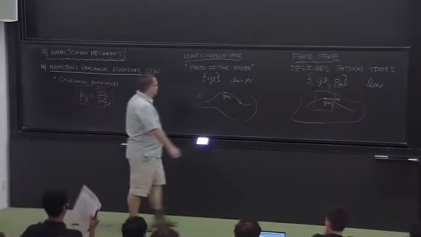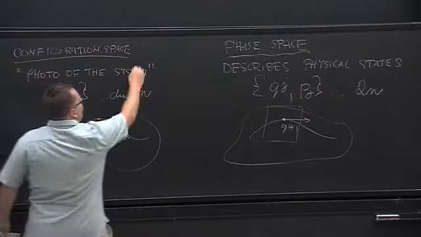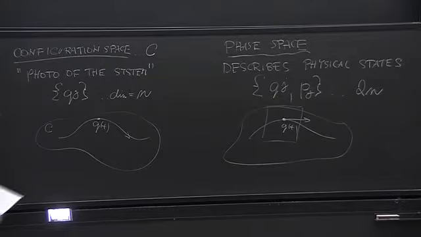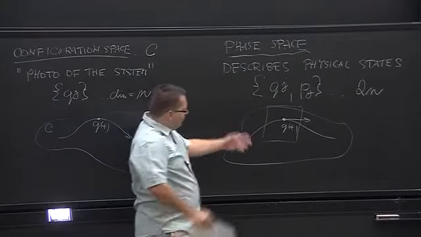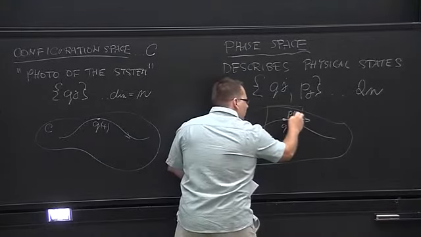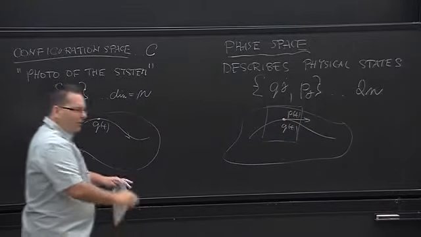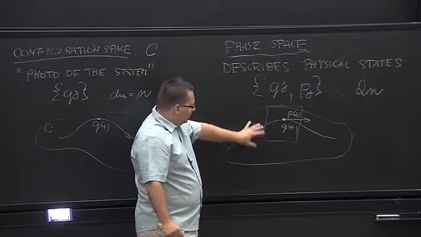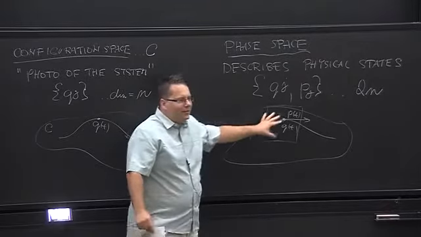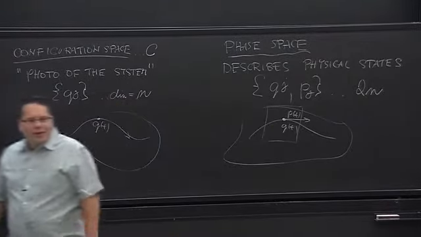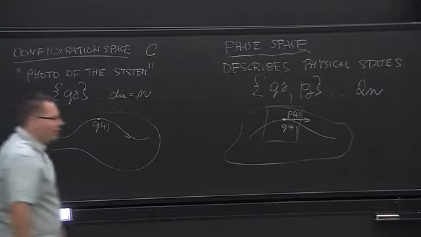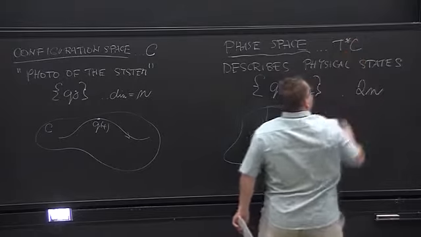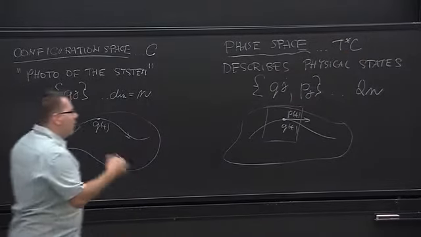So the configuration space, let's call it C. But now in the phase space, I have the information about q(t) but also p(t). You have to imagine that at every point of this asteroid there's an extra space where the momentum lives. This is called the cotangent space, T*C.